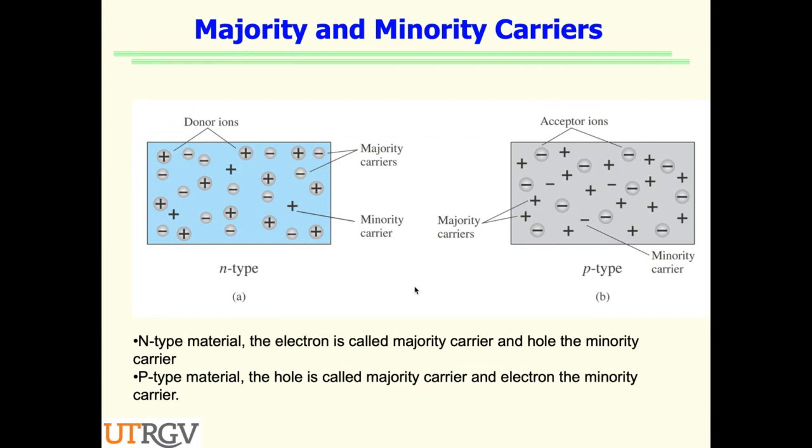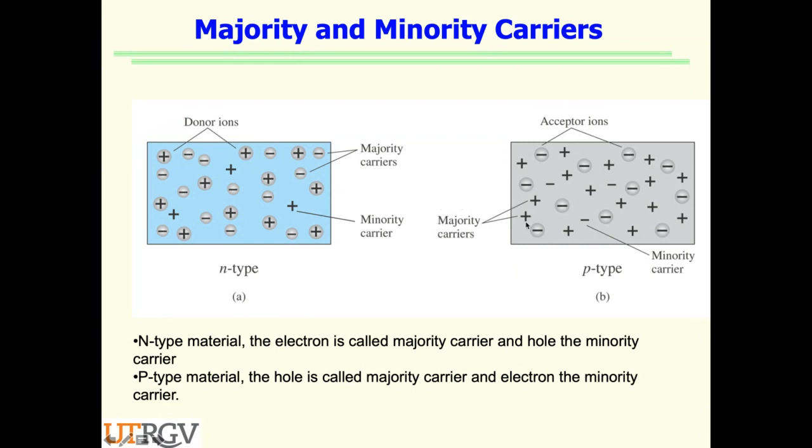So this is a slide where I see like 5 questions in an exam I can make easily. What is the majority carrier in an n-type material? That's electron. What is the minority carrier in n-type material? They're holes. In the same way, if I look on the right side, what is the majority carrier if you dope it with acceptors?